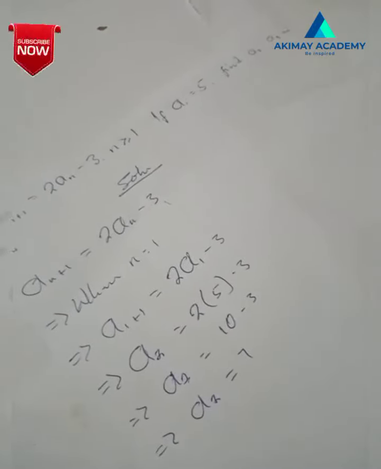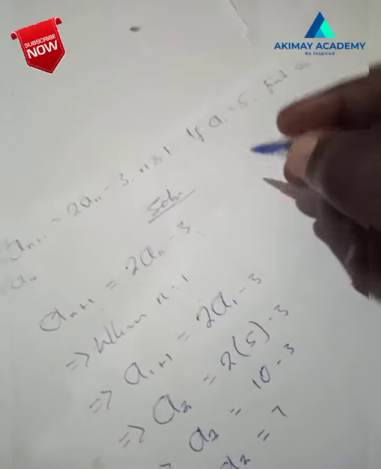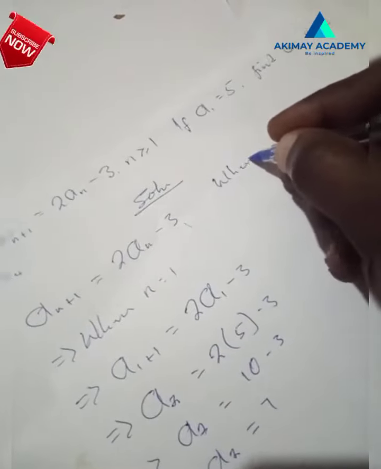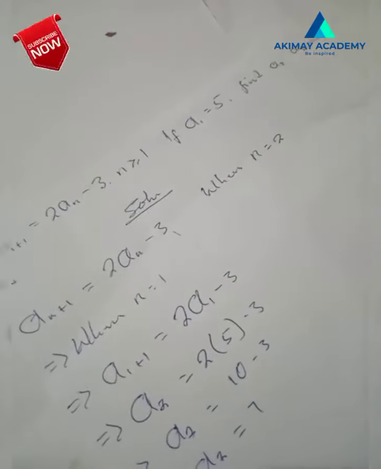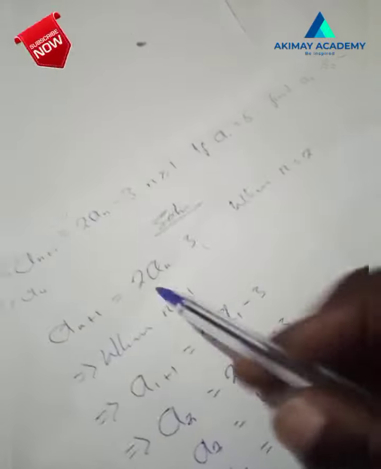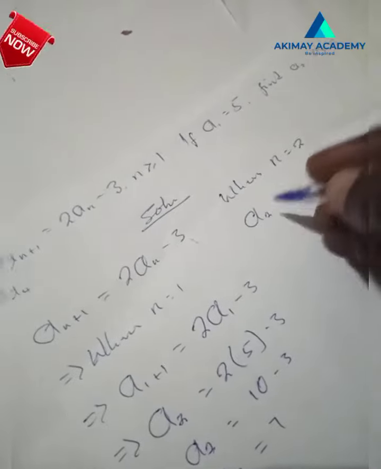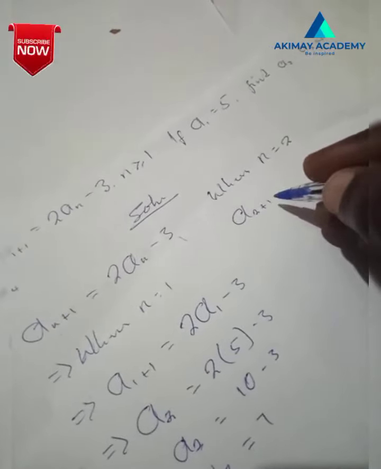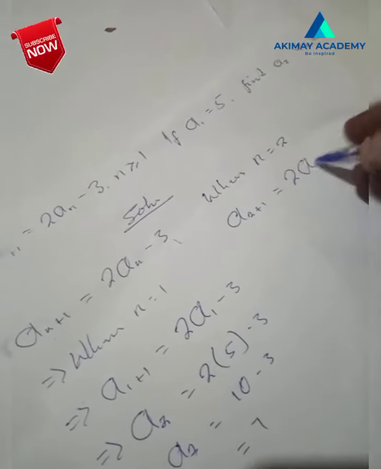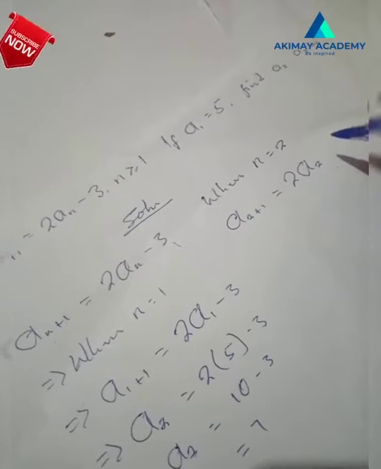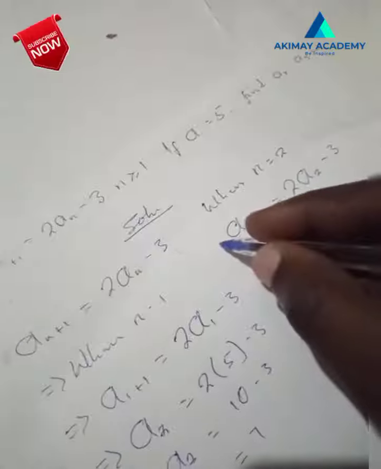Let's take the next case. When n is equal to 2, what happens? Wherever we see n, we put 2. So we have a subscript 2 plus 1 equals 2 a subscript 2, because n is 2, minus 3.